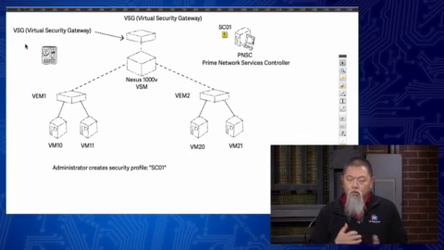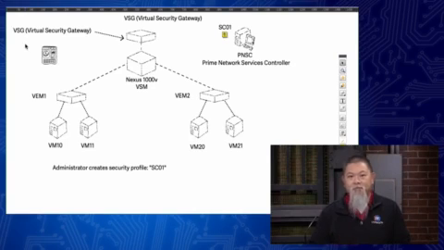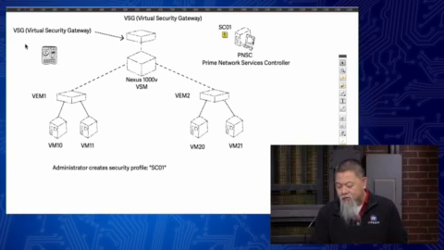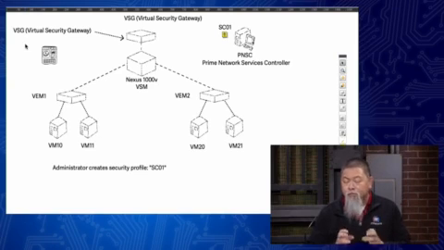Over on the upper right-hand corner of the screen, you have the PNSC, which stands for the Prime Network Services Controller. The Prime Network Services Controller gives us the ability to control configuration, installation, and licensing of our virtual networking services, as well as to create what we call a security profile.